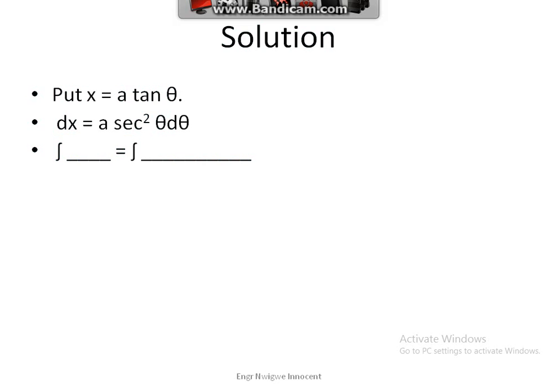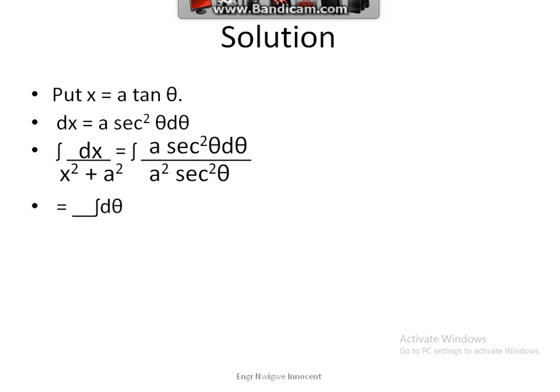Therefore, the integration of ds over s squared plus a squared is equal to the integral. Then you substitute ds, which is a sec squared theta d theta, over, since previously we got s squared plus a squared to be a squared sec squared theta, a squared sec squared theta. Then they will cancel out, a will cancel a to leave us with 1 over a, and sec squared theta will cancel sec squared theta.